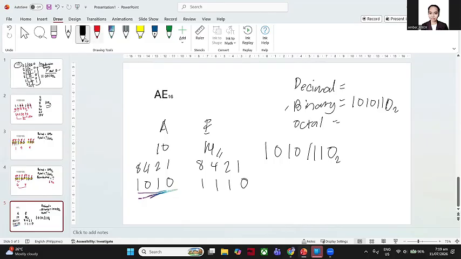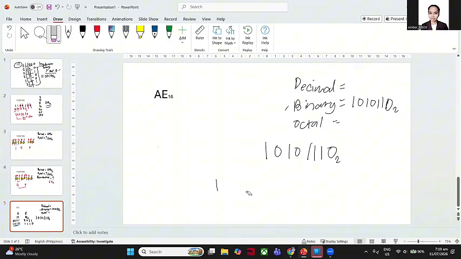So now that we have our binary, what are we going to do with our decimal? Oh, first we are going to have our octal because this is easy. We are going to group our binary into 3 members, and imagine the other is 0.